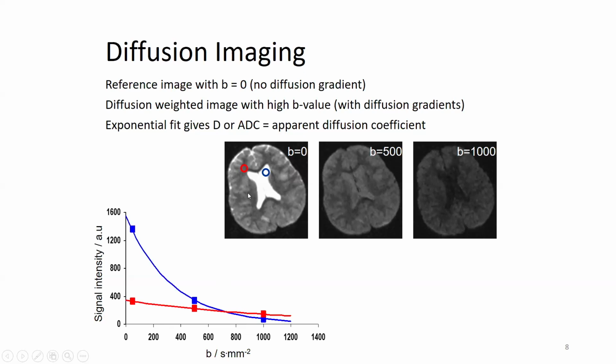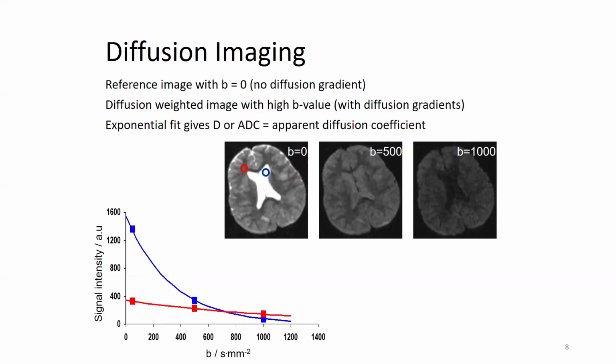This is also because I have a high T2 relaxation time. That means that my signal intensity of CSF is very high in a T2 weighted image. So I have a high signal. But then when I go to b500 or to b1000, at b1000 it's almost completely gone. So you see here 3 points at 0, 500 and 1000, and at 1000 it's almost 0.